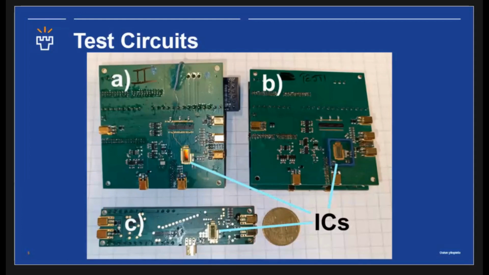Circuit B features a separate microcontroller circuit that makes the test circuit wireless. And in circuit C, we can see the potential to reduce the size of the circuit.